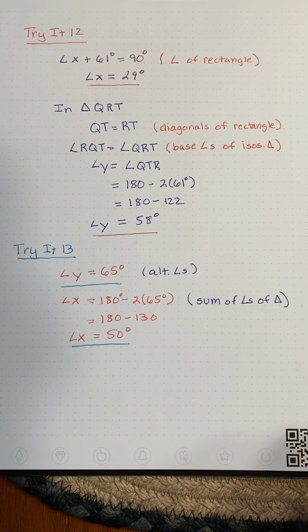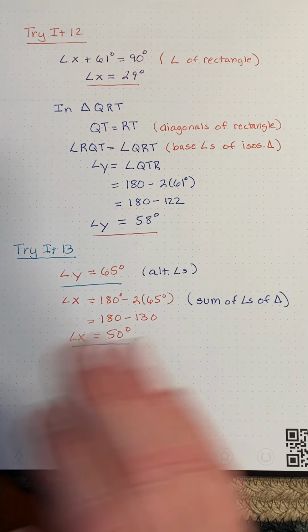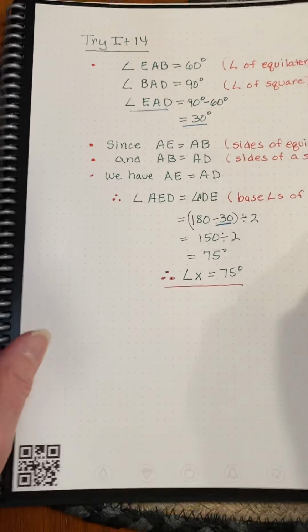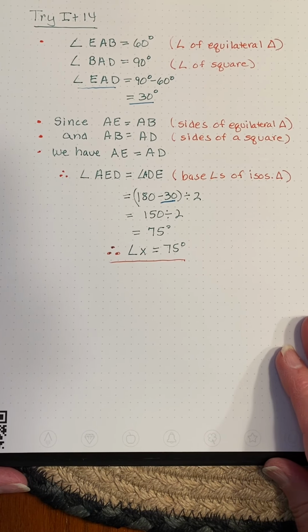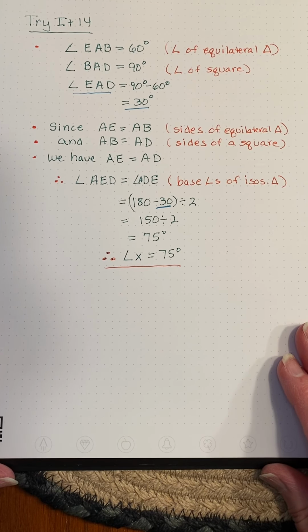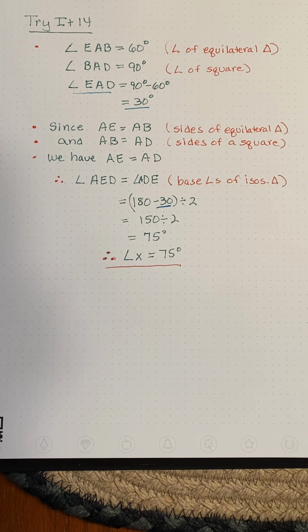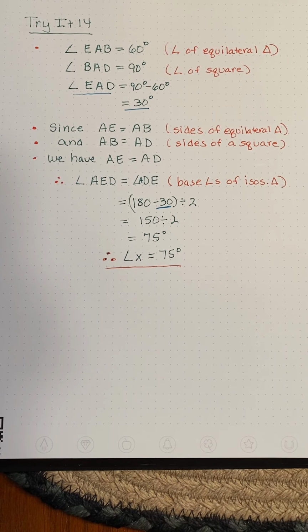We have one more to go, I do believe, at the top of page 206. Try it 14. Let me get all the way in here. There, I think I'm there. Okay, so try it 14. It says in the figure, ABCD is a square.